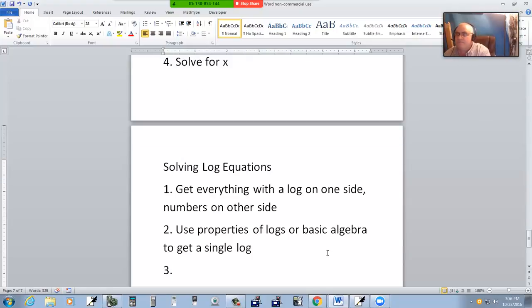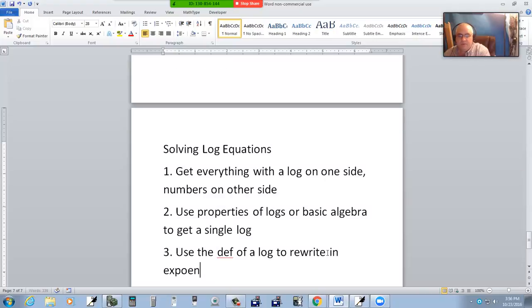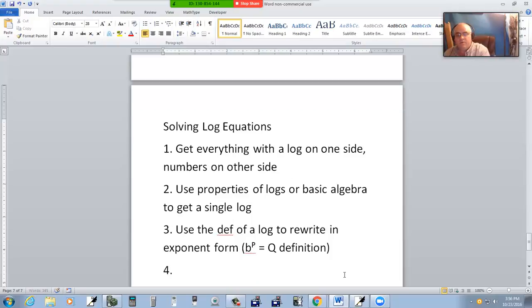Step 3, use the definition of a log to rewrite in exponent form. This is the b to the p is equal to q definition. Step 4, solve for x.